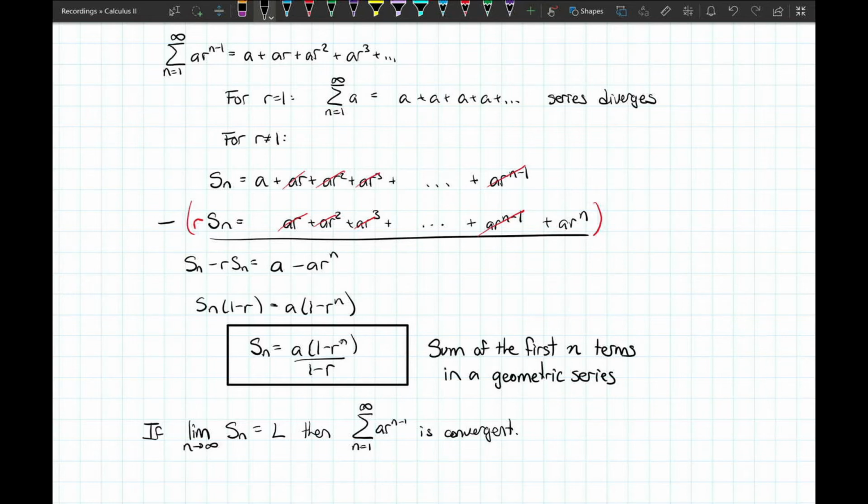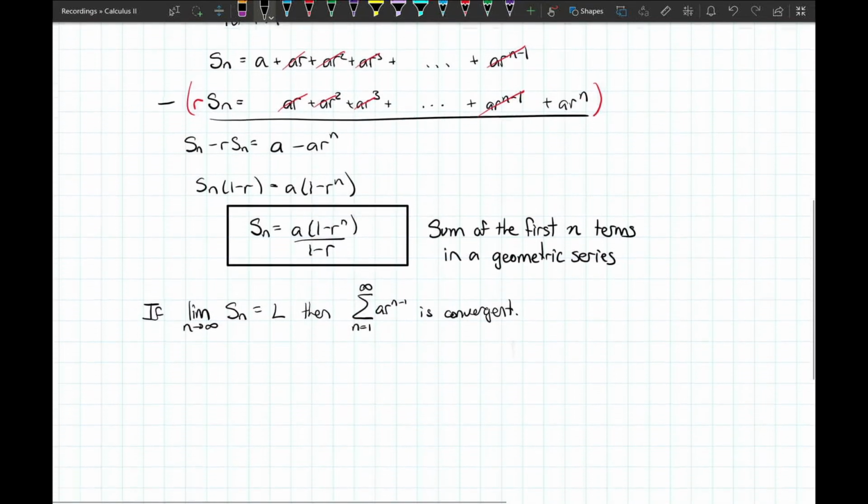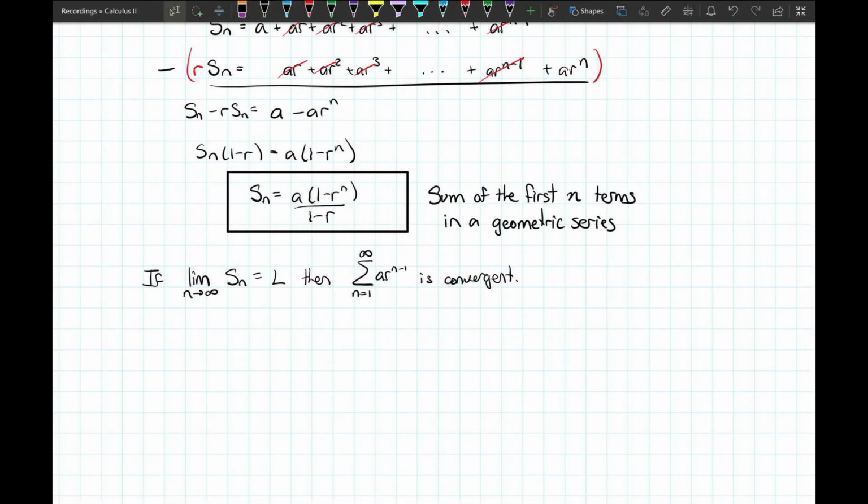We would just need to make sure that r is a small number or close to 0. If r is a number larger than -1 but smaller than +1, then as we take that value to a larger and larger power, it's going to get infinitely small, getting closer to 0. So we say that this is convergent for the absolute value of r less than 1.